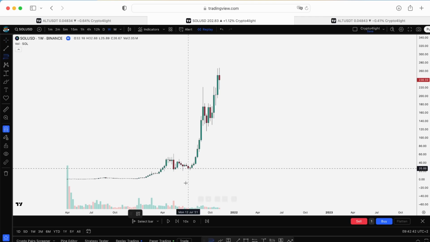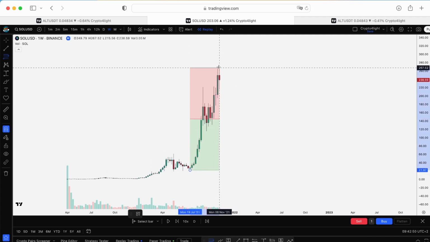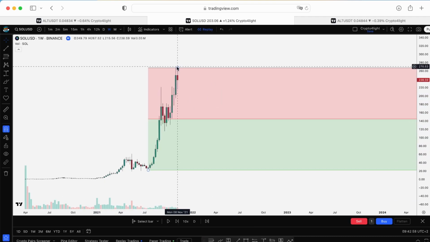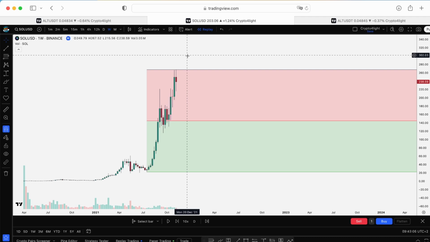That's why, let's say we use the impulse and correction zones. So we use the last low point. Here was the top. And we work with that zone. Extend the lines, right? And here, for example, if the price could go higher in December 2021, we should adjust the FIB.